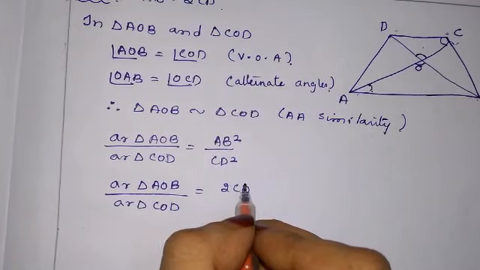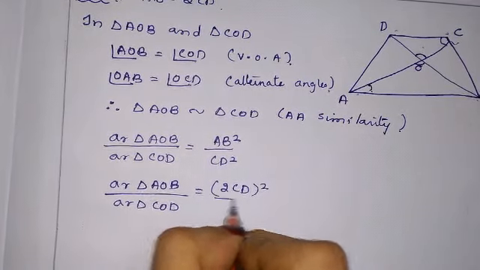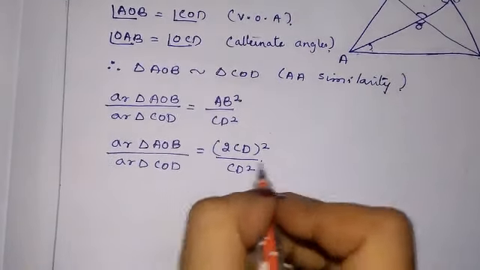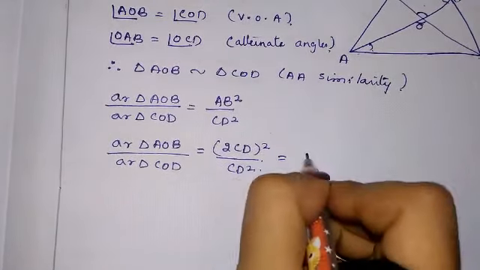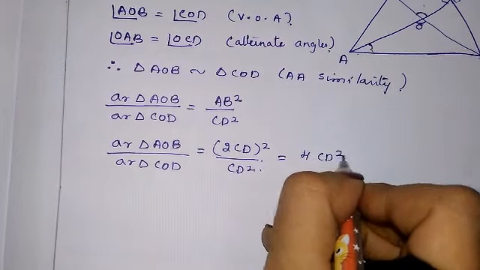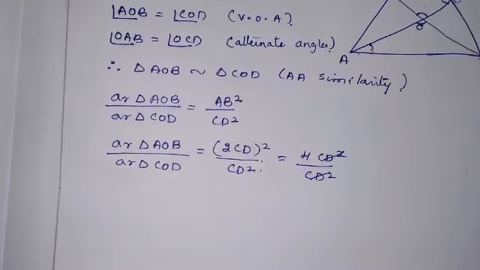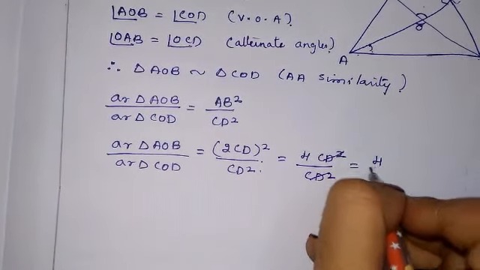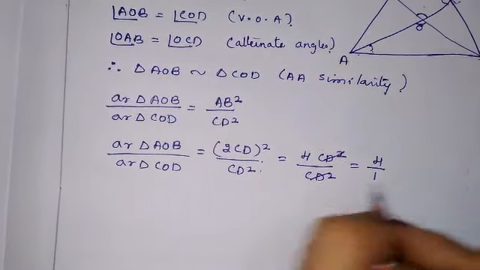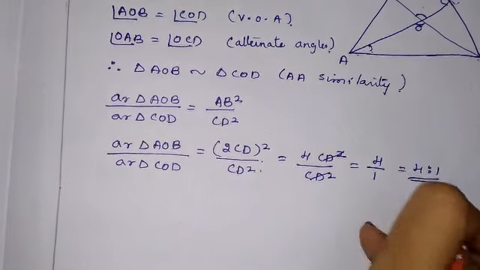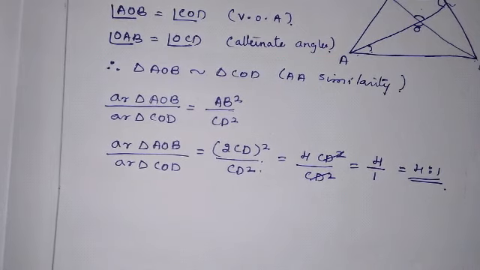AB value is 2CD whole square upon CD square. Okay. Now 2 square is 4, CD square as it is, down also CD square as it is, CD gets cancelled. What is left? 4 by 1, and that is 4:1. This is the answer. What we got? 4 by 1 or 4:1.